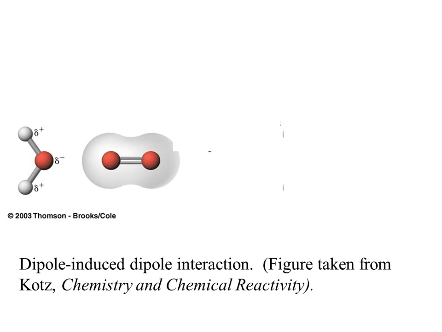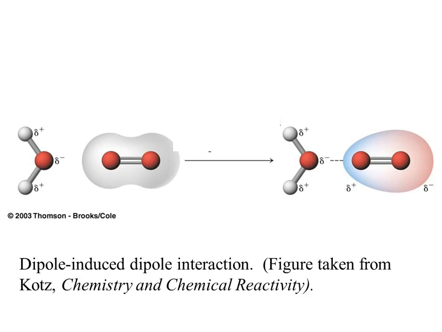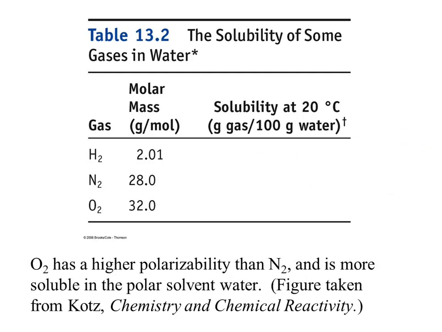So in order for something like that gas to dissolve in water, you need to induce a dipole. And so that's what's being shown here. Inducing a dipole on a gas such as O2 or H2 or N2, so that you can have an intermolecular bond and it stays dissolved. So here's a table that lists, by increasing molecular weight, those gases at room temperature.